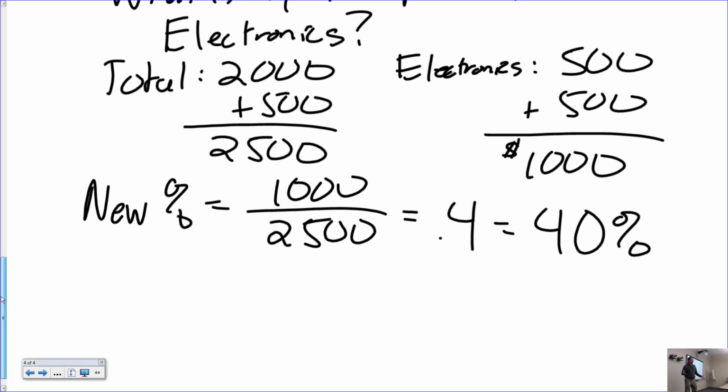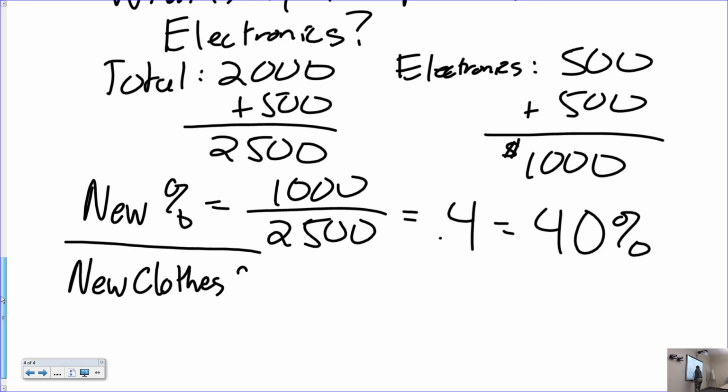All right? Not bad? So now that you've seen that one, how would you tell me the new percentage for close? Wouldn't you just subtract the 1,000 from the 2,500, and then that's what you have left for the total for all the rest?